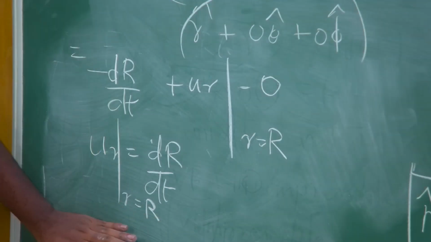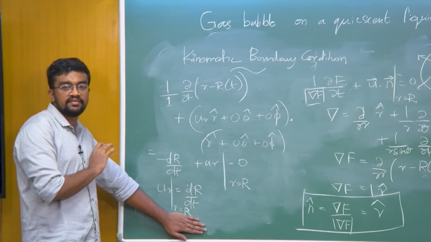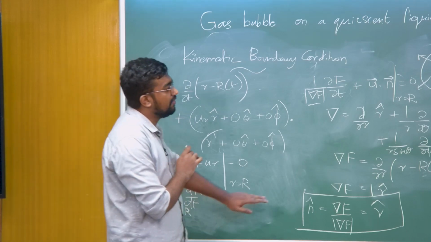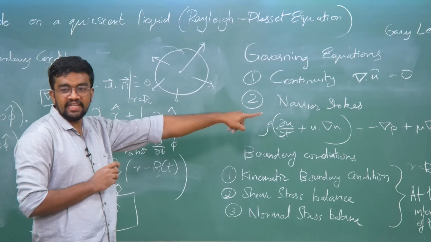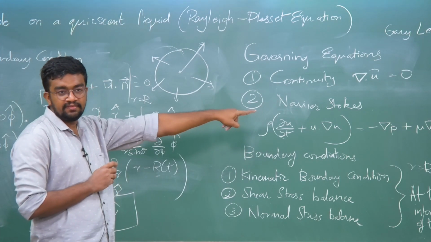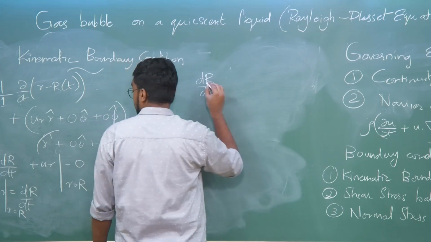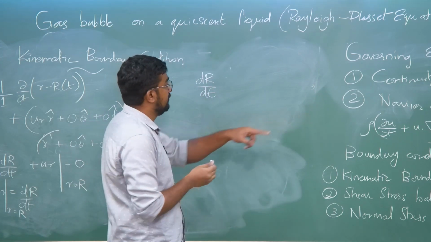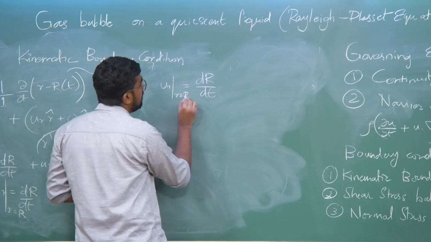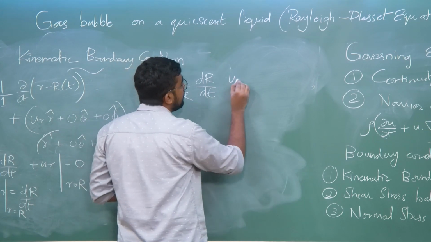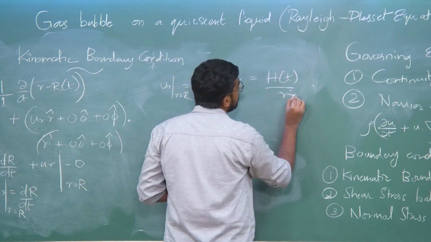Now, this is only valid at the interface. We will use this on that general equation that we found throughout the liquid domain to find h of t. u_r at r equal to R is given by dR by dt, and u_r everywhere in the domain is given by h of t by small r square.